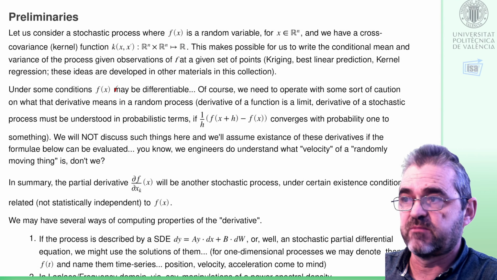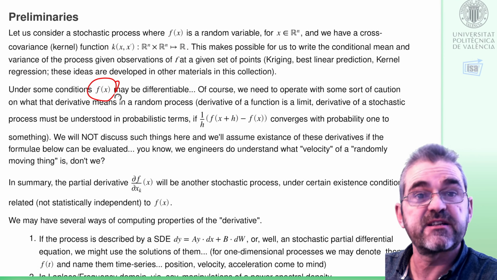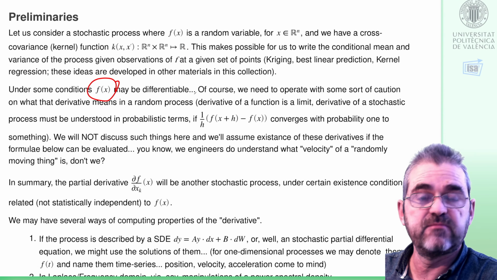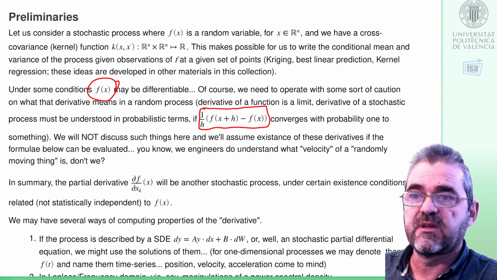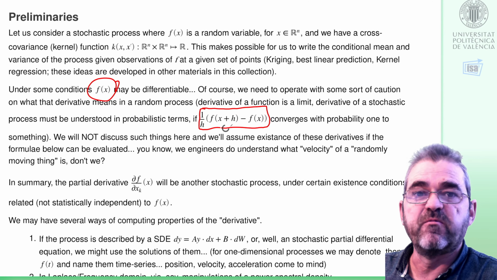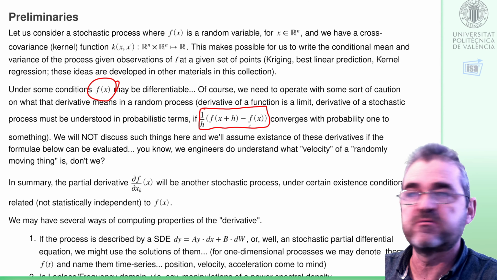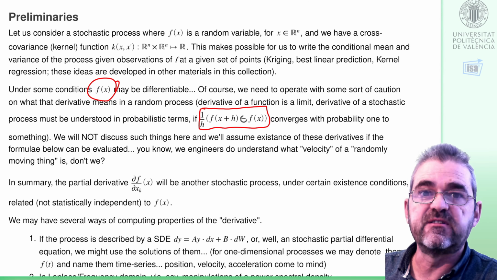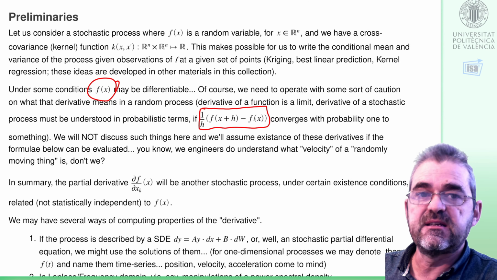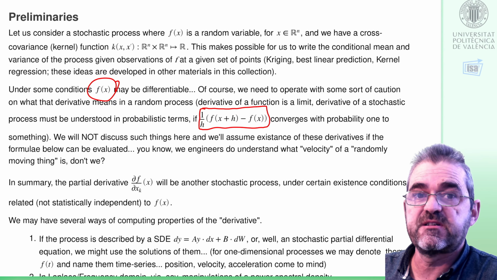So, under some conditions, this stochastic process may be differentiable. Which are those conditions? Well, this is sort of the tricky part. This difference must converge with probability 1 to something, so rigorously stating what convergence of this actually means is the task of mathematicians.